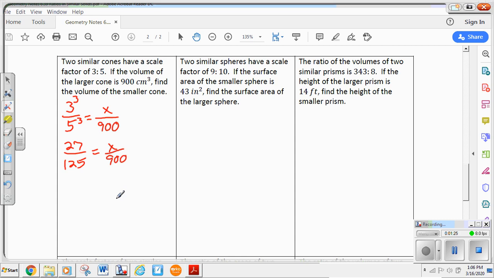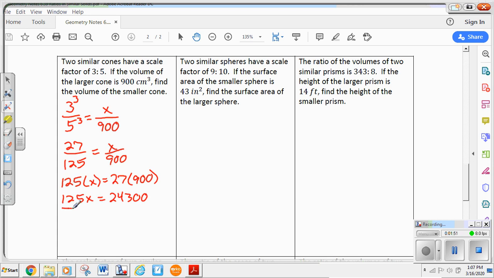Now, just solve the proportion. Cross multiply: 125 times x equals 27 times 900. 125 times x is 125x. 27 times 900 is 24,300.